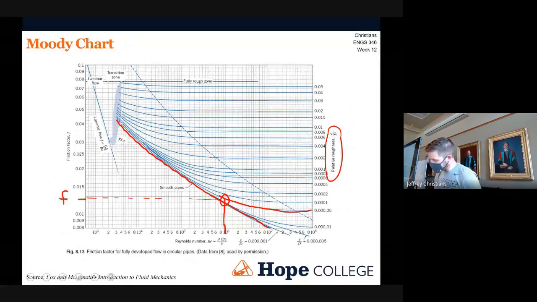So we are at 0.0077 relative roughness, so we're pretty much on this line. You can see that line is really flat as long as we're above about 10 to the 5. If we're below 10 to the 5, then it starts to curve up. But if the Reynolds number is above 10 to the 5, we're going to be about there, 0.035. So that's a pretty good initial guess. And if we're wrong, then we'll go back and fix it afterward.